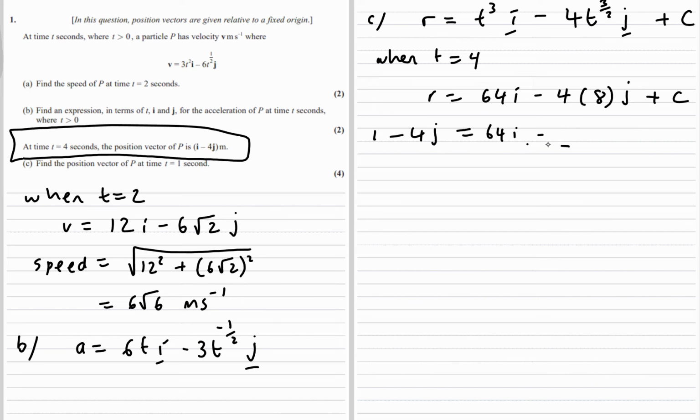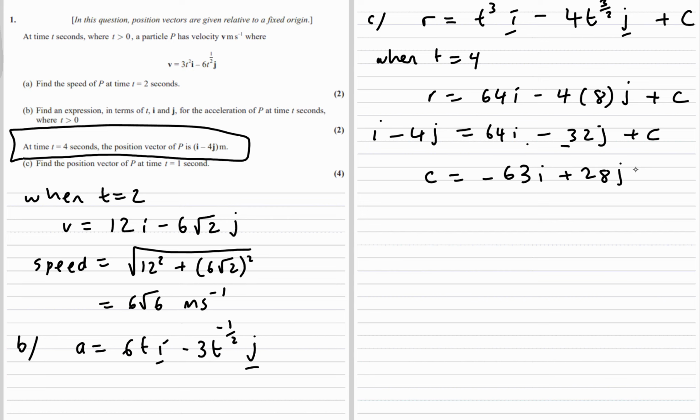So i minus 4j is 64i minus 32j plus c. So now we can say what c is. So c is going to be negative 63i plus 28j.